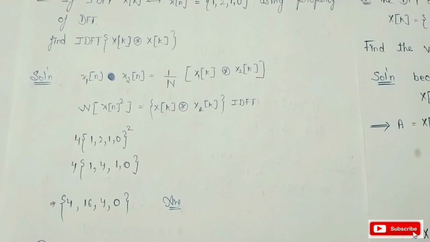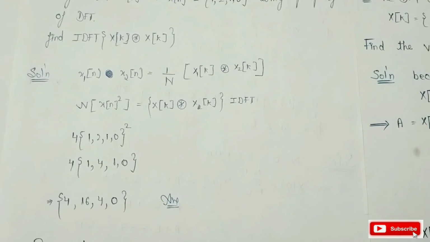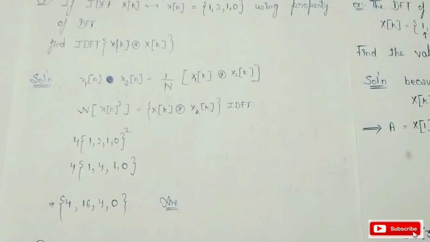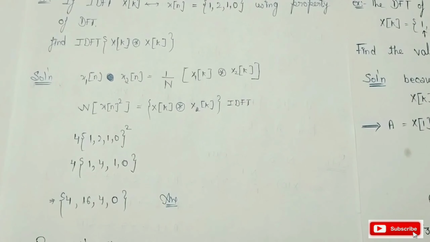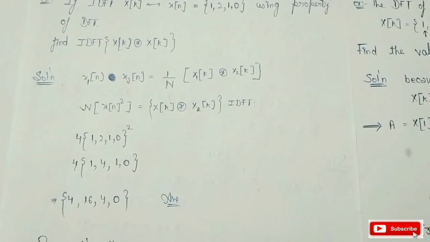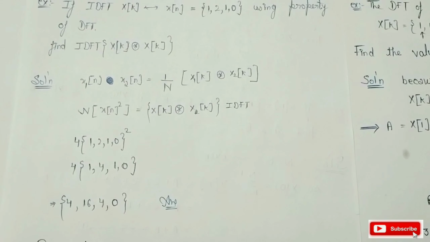So the inverse DFT is given by N into x of n squared. So x of n is 1, 2, 1, 0. We square this, which is given by 1, 4 and 1, 0. Then we multiply by 4. Then the resultant will be 4, 16, 4 and 0.